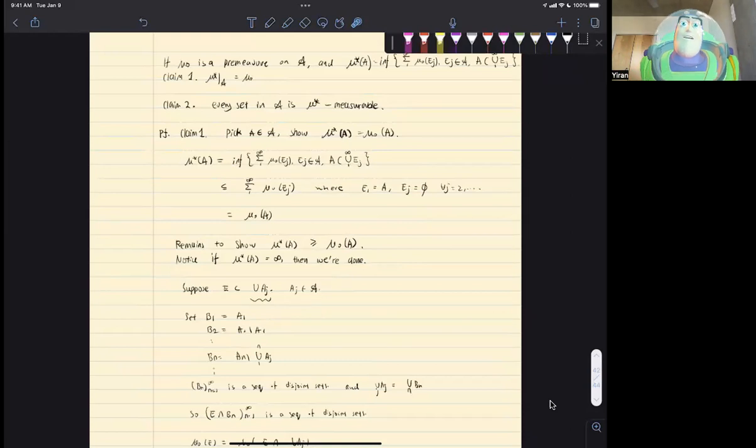We want to show that mu star of A is larger than or equal to mu naught of A. So we use a trick. Recall what we want to show eventually: equivalently, we can show mu naught of A is smaller than or equal to mu star of A.